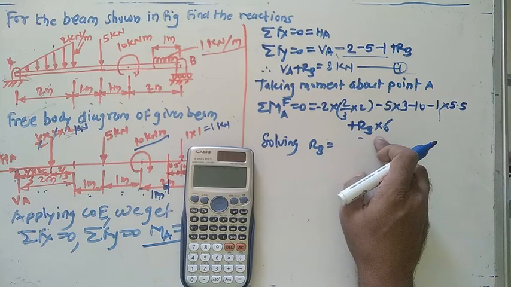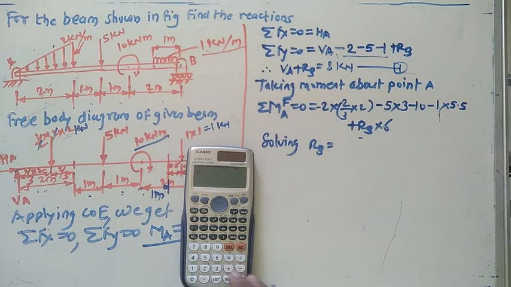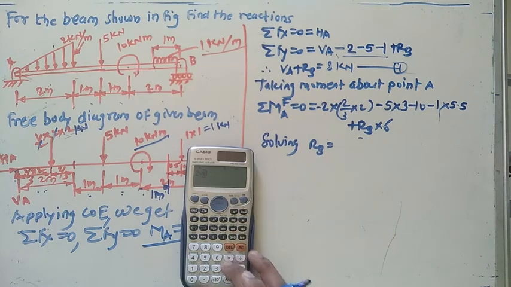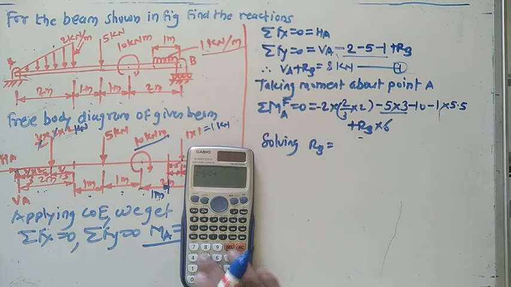If I take this RB term to the other side, then all the terms become positive. 2 multiplied by 2/3 of 2, plus 5 multiplied by 3, plus 10, plus 5.5 multiplied by 1, equals 6 RB.